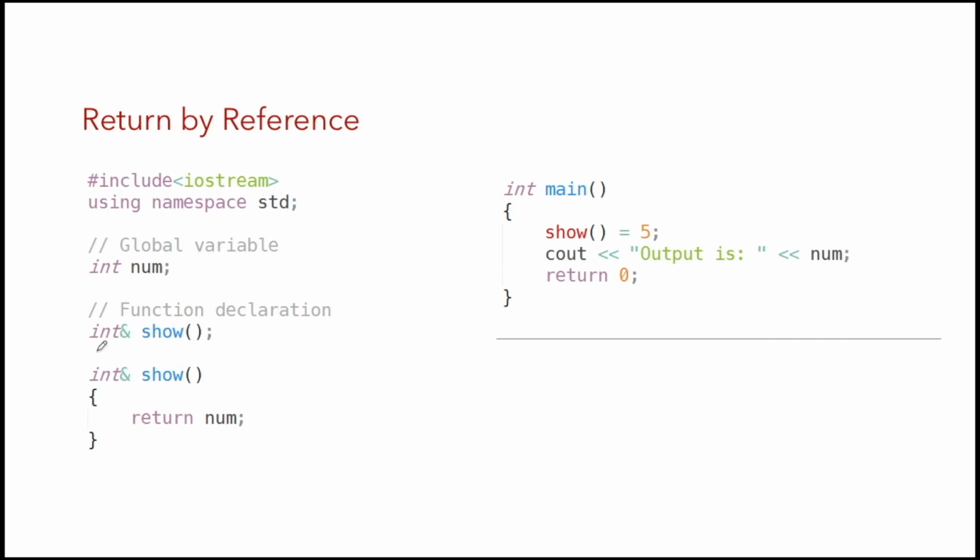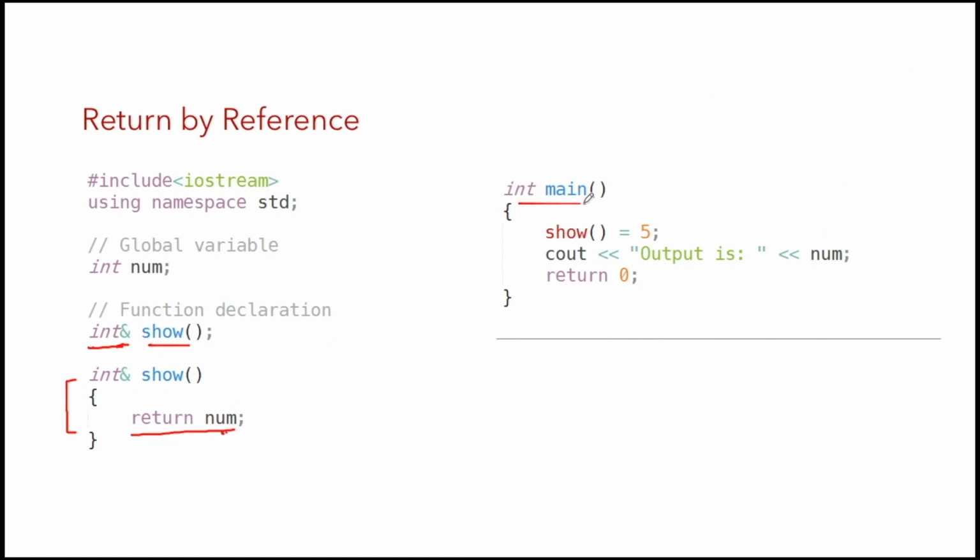For the function declaration, you do it with int and then ampersand, then you have your function name. So let's say, as an example, you have int ampersand show and you're just returning num. By writing this, you are sending the reference of num to the calling function.